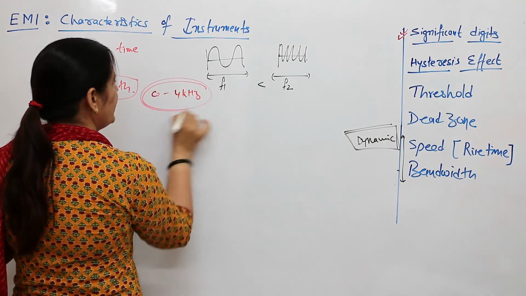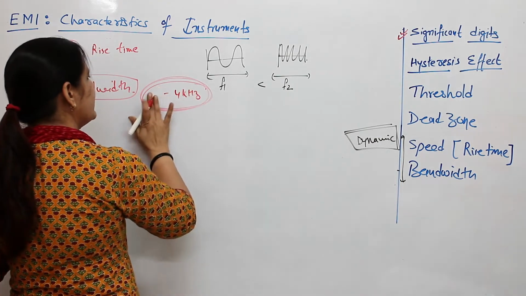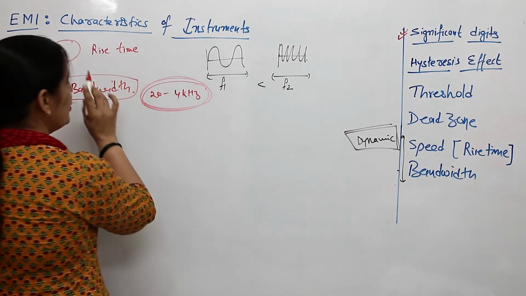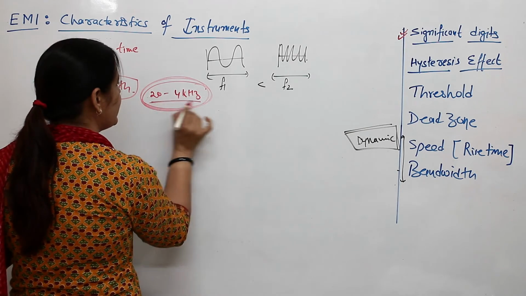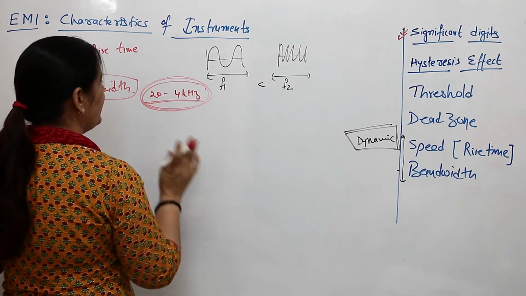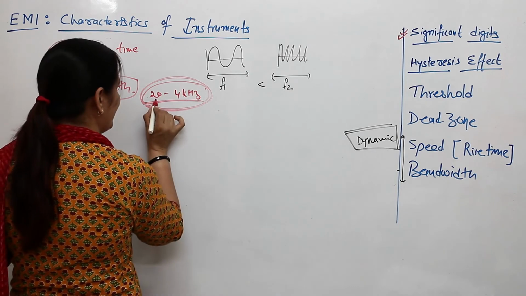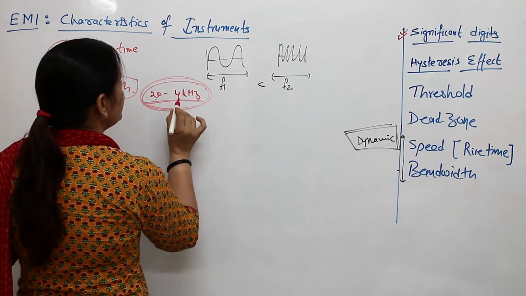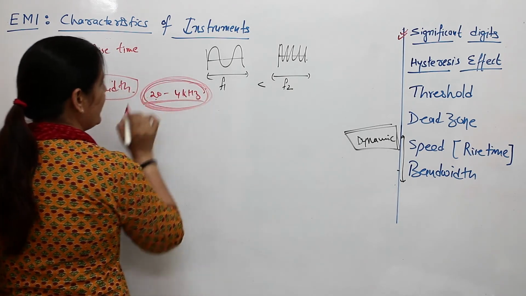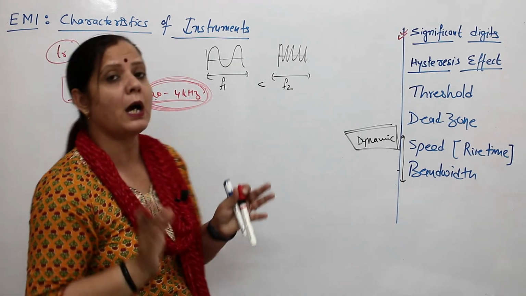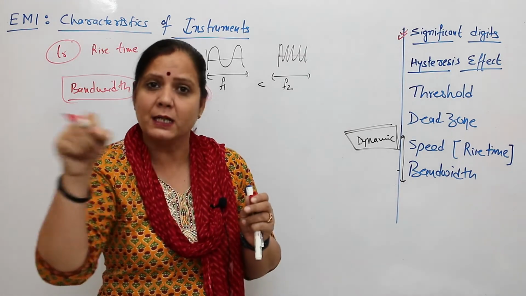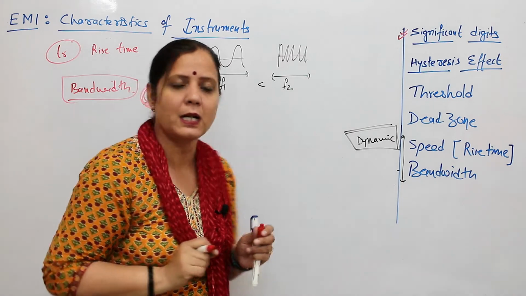It can be any kind of frequency, or we can say 20 to 4 kilohertz. So your instrument should be able to handle such range of frequency. It should have the speed that it can measure the signal of 20 hertz, and it can measure the signal of 4 kilohertz also. So this is the range of frequency for which our instrument should be able to track the dynamic changes in the input.